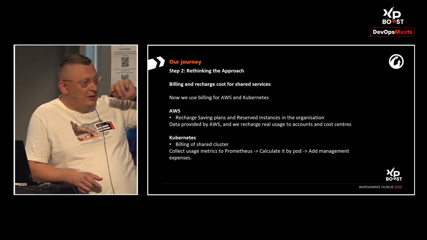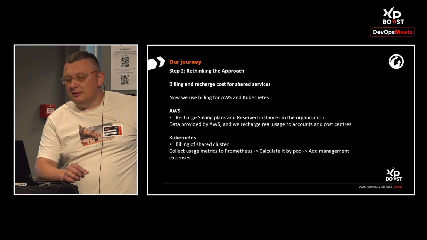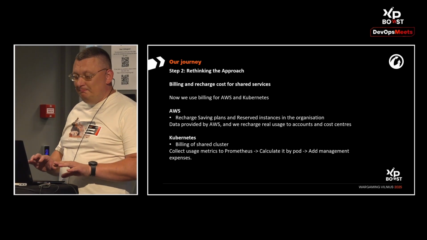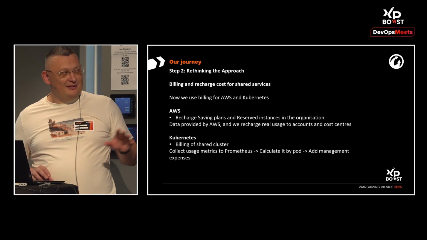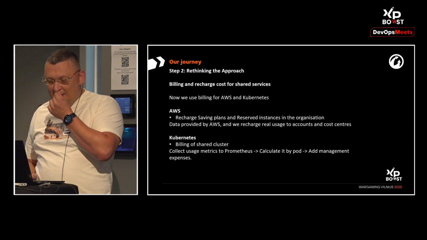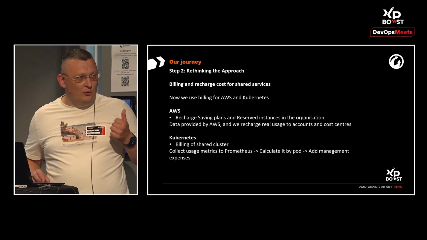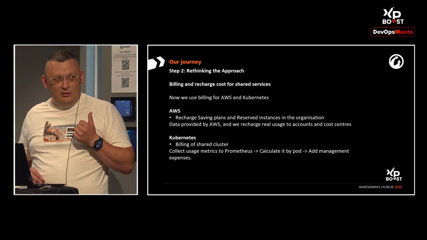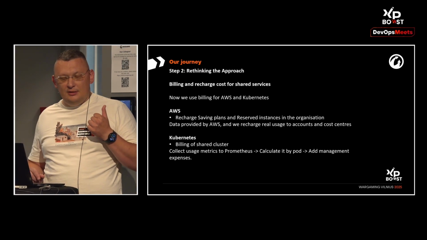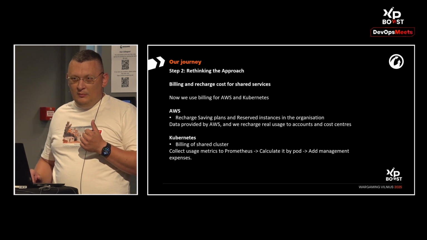We integrated with AWS through Athena and CUR, the Cost and Usage Reports. They are big flat tables, and they have detailed data of every resource in your organization every hour.